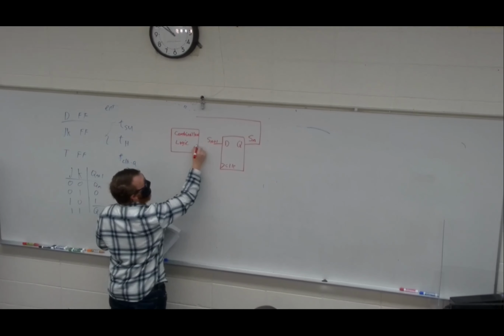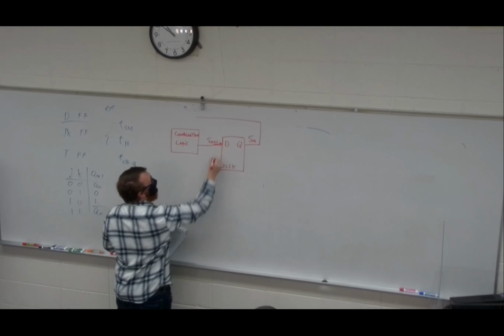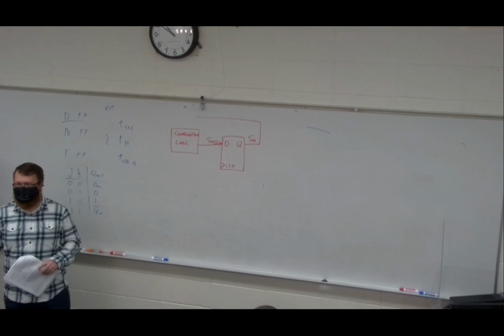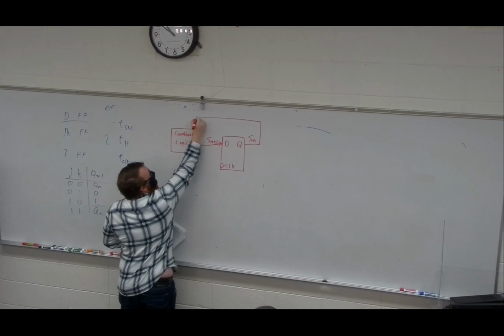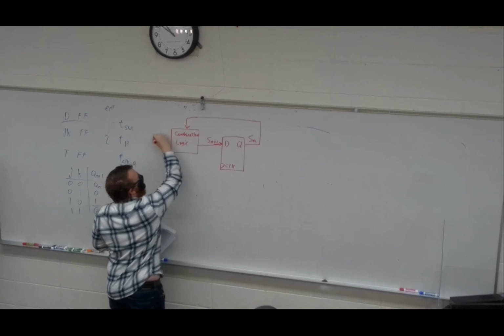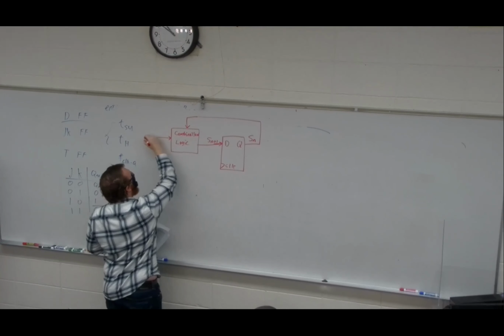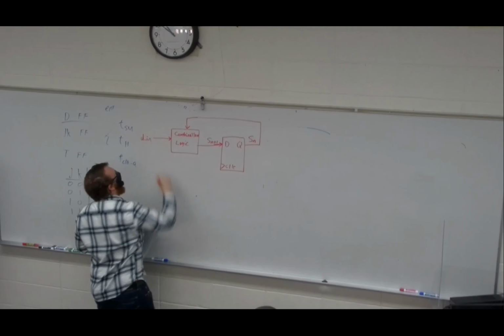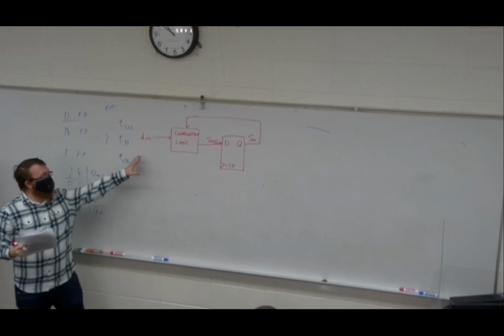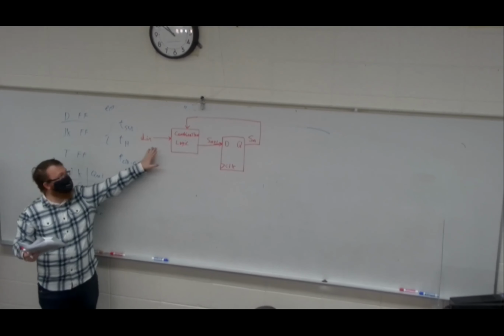Its output goes into the D input. Its decision is put as the input to the flip-flop. It's going to have, potentially in this case, two inputs.